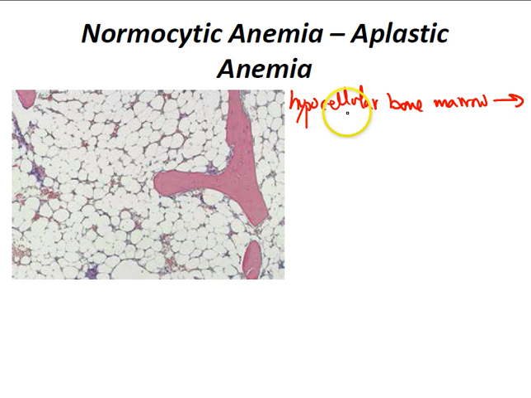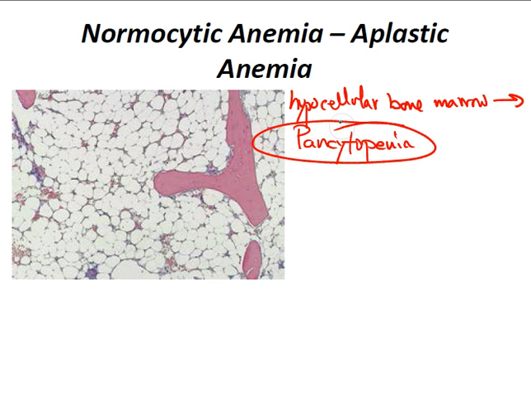Hypocellular bone marrow leads to a pancytopenia, including reticulocytopenia, thrombocytopenia, and severe neutropenia. Now, exposure to radiation, benzene, chloramphenicol, gold salts, which is an old treatment for RA, can all cause aplastic anemia.